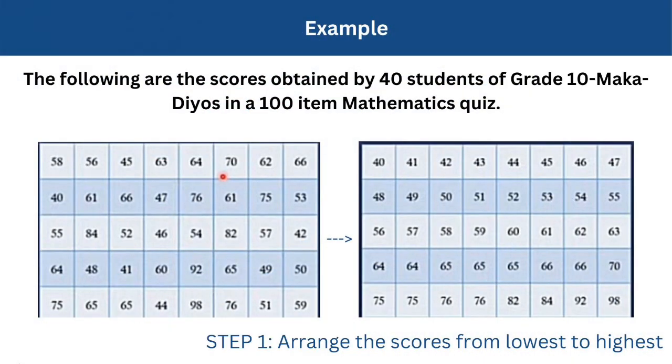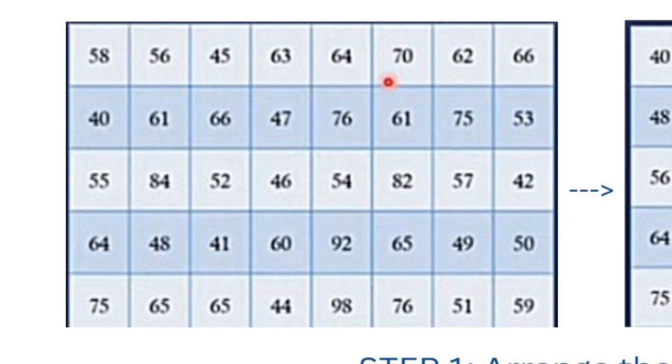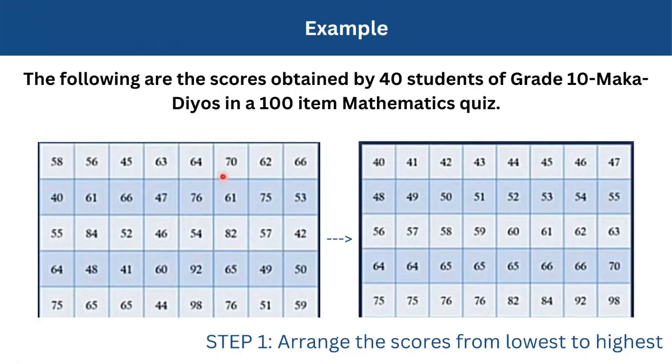So for example, the following are the scores obtained by 40 students of grade 10 in a 100-item mathematics quiz. For our first step, we need to arrange the scores from lowest to highest. As you can see in the first table, it is randomly put in the table.